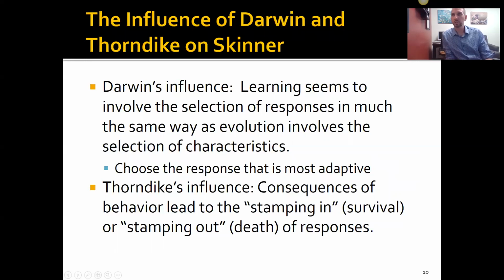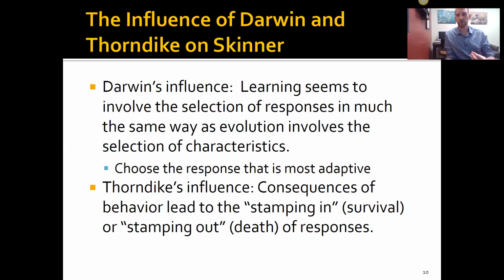Now, Skinner was influenced by a couple of people in particular, and the first one would be Darwin. If you think about Charles Darwin, who developed the theory of natural selection, Darwin argued that a species survived by natural fitness, right?